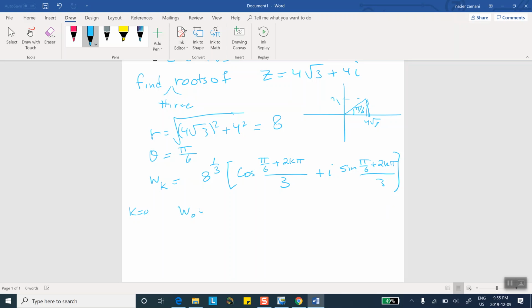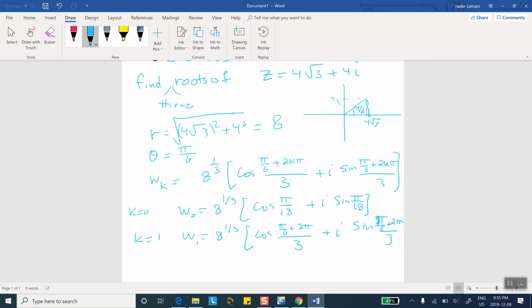The first root is 8 to the 1/3 cosine of pi over 18. Remember this? We did it. i sine of pi over 18. When k is equal to 1, w1 is equal to 8 to the 1/3 cosine of (pi over 6 plus 2 pi) over 3. We did this. Sine of (pi over 6 plus 2 pi) over 3.